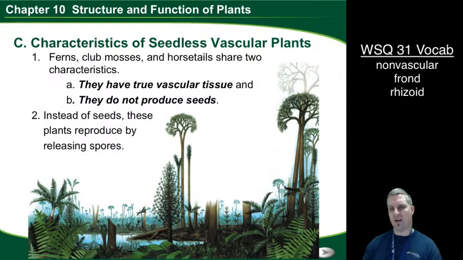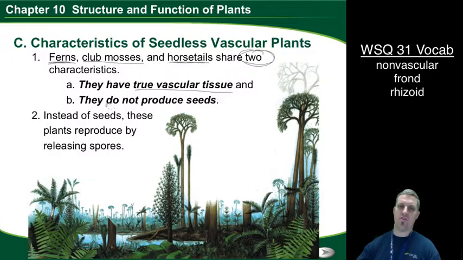Now, we also need to talk about what are known as seedless vascular plants. Seedless vascular plants can be broken down into three groups as well. We have ferns, we have club mosses, and we have horsetails. And what these all share are two characteristics. One, they all have true vascular tissue, so they all have stems, roots, and leaves.